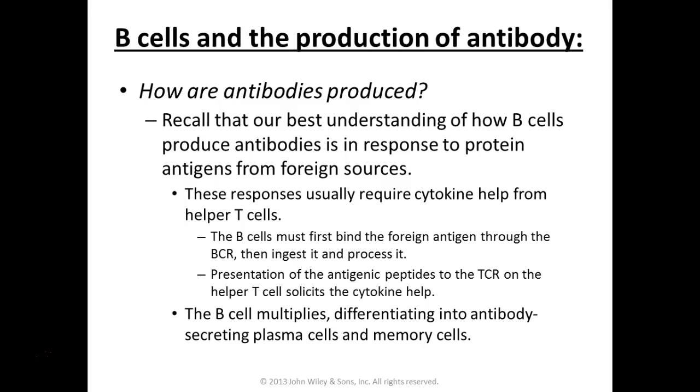The T-cell receptor actually specifically recognizes that antigen. It's going to stimulate those B cells to multiply, differentiate into plasma cells, which actually secrete antibodies, and memory cells. Again, whenever a B cell or T cell is activated, we're always going to get memory cells.